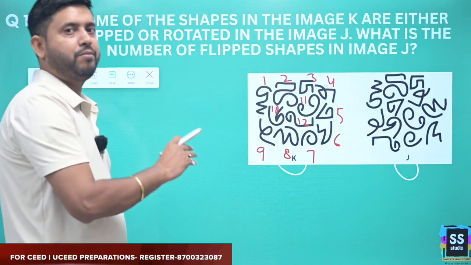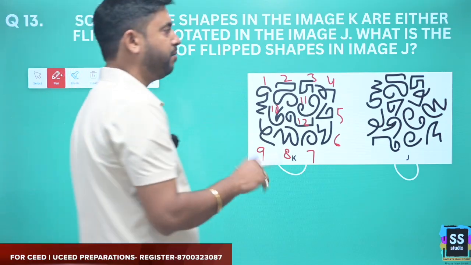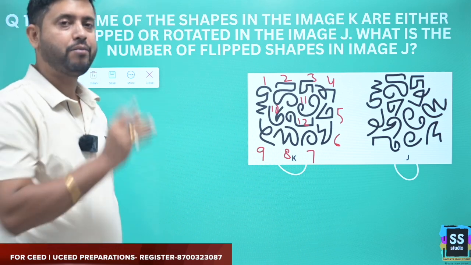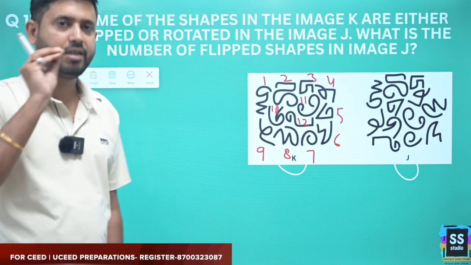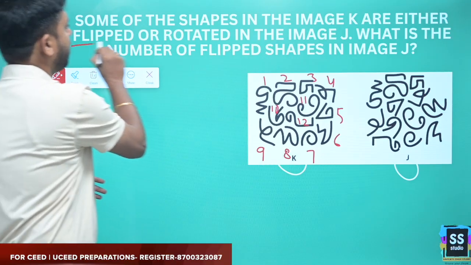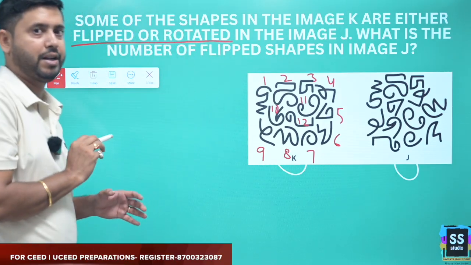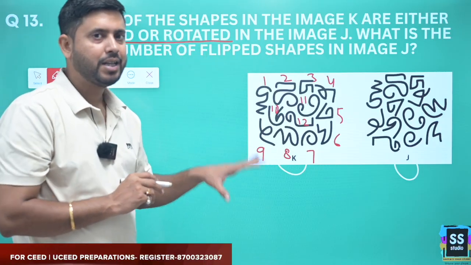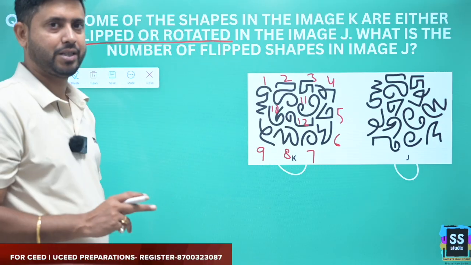Now some of them are flipped, some of them are rotated. What is the number of flipped shapes? Now you have to understand and read the question at least twice, because here it is a confusing statement, either flipped or rotated. But eventually what you have to find out is only the flipped shapes, right?